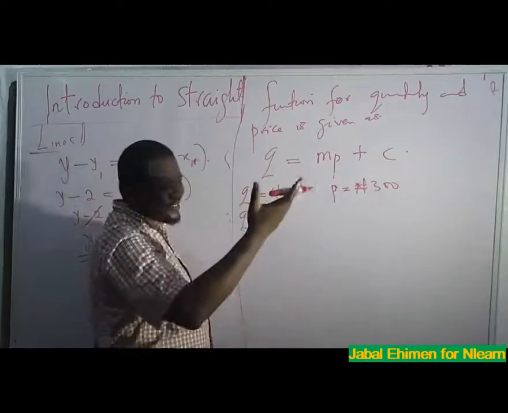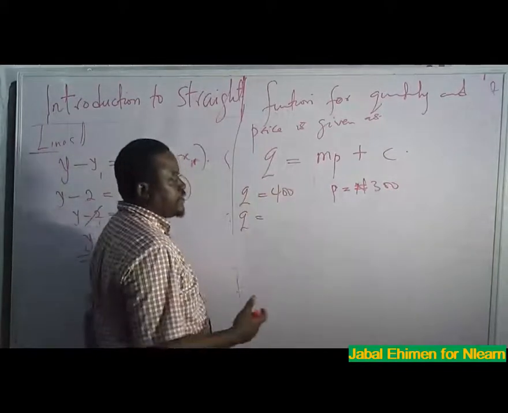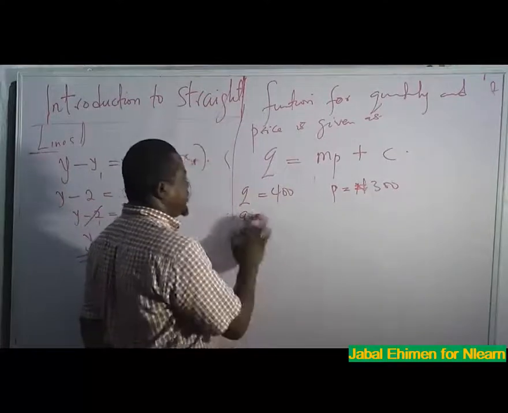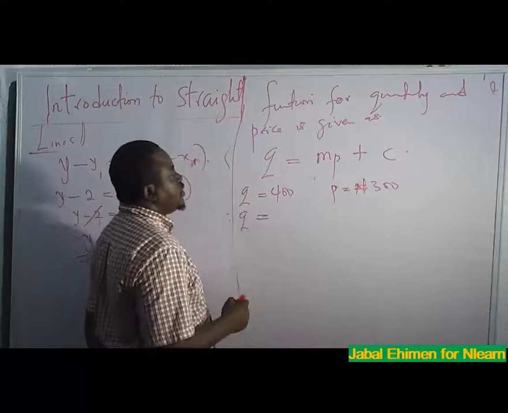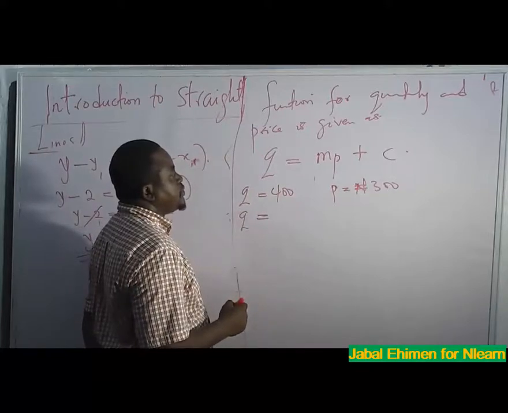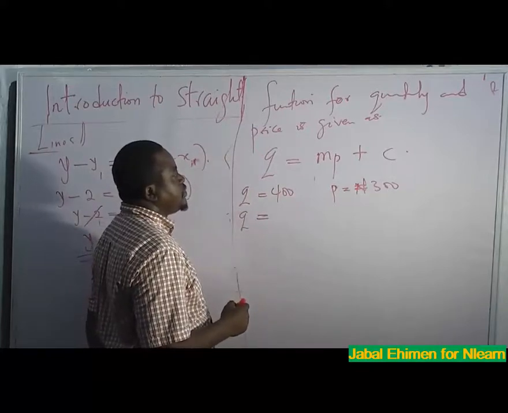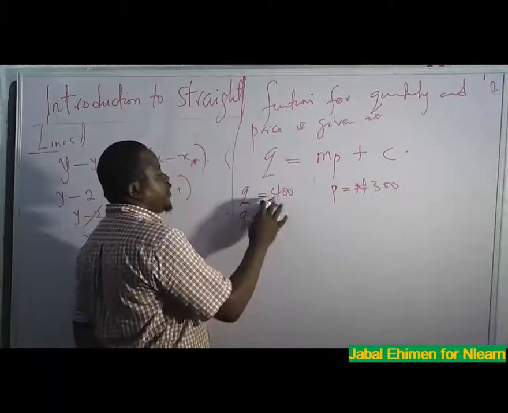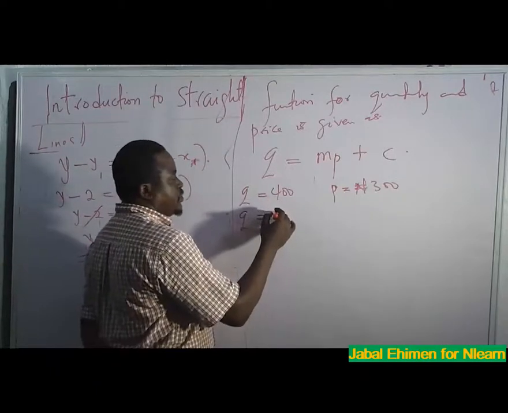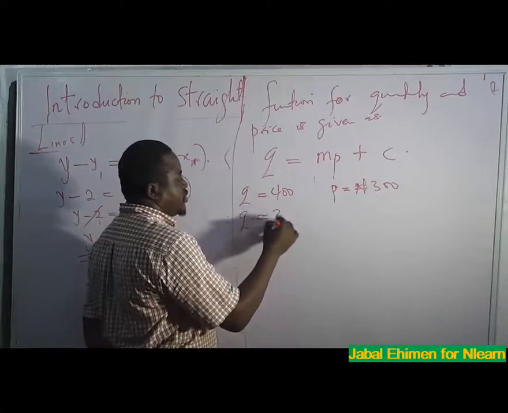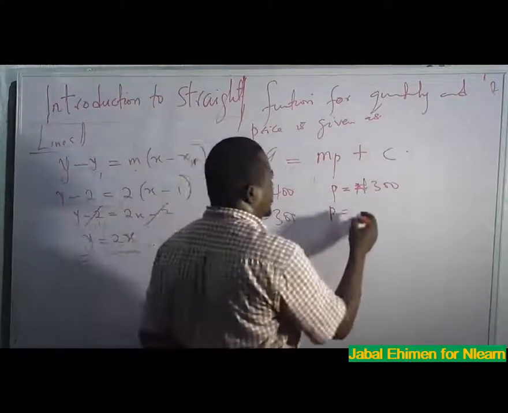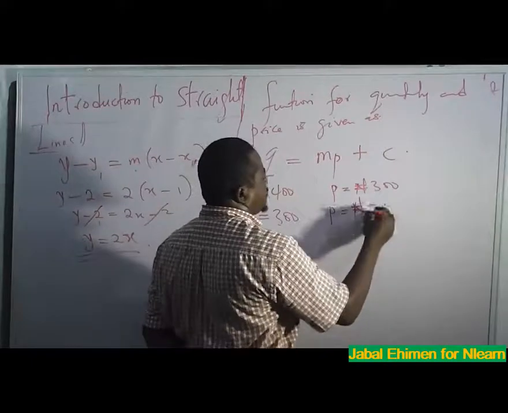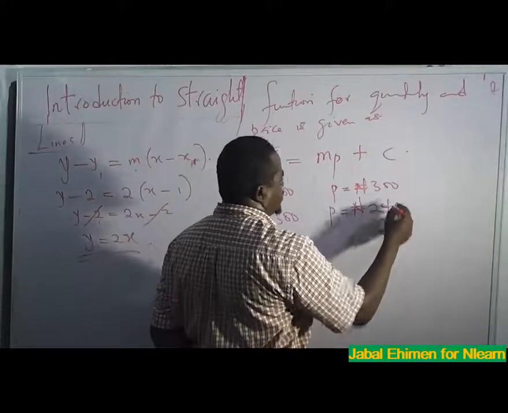The higher the quantity demanded, the higher the price. If the quantity is 300, probably the price is 240.